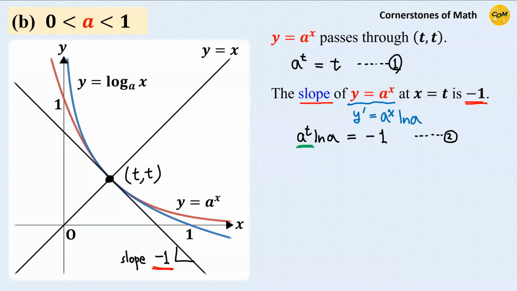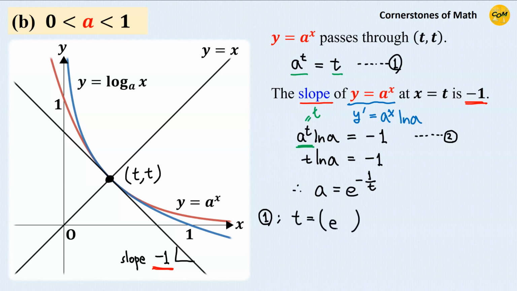So we eliminate a to the power of t using equation 1, which gives t ln a equals -1. So now we have a equals e to the power of -1 over t. Therefore, from the first equation, t is given as a to the power of t, so e to the power of -1 over t to the power of t, which simply gives 1 over e.